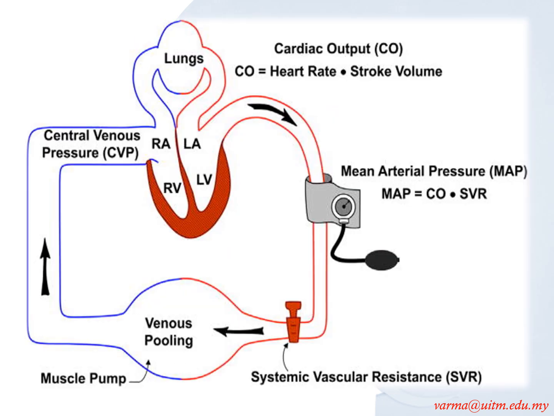As we look into this, it is a continuous column of the blood. From the heart, it goes to the periphery, it goes to the systemic circulation, and the venous return brings the blood back into the right heart. So the mean arterial pressure is cardiac output times systemic vascular resistance. So a blood pressure indirectly tells us about the heart function and the full systemic circulation of the blood within the body.